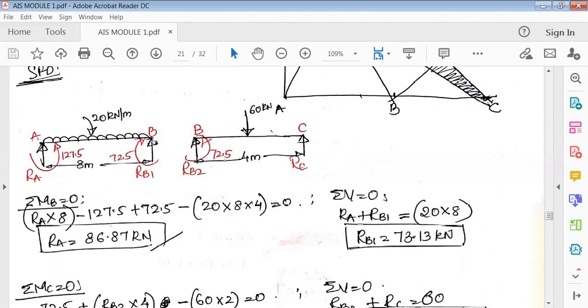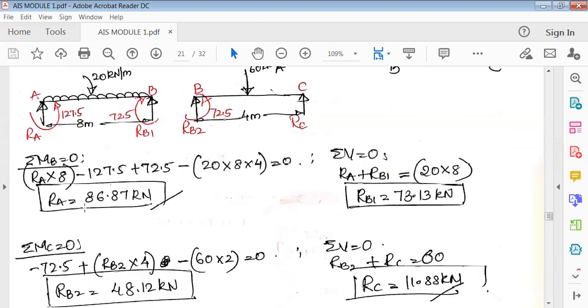So moment about B is equal to 0. We take moment about B, so you're left with RA. Clockwise positive, anti-clockwise negative. So RA into 8, then minus 127.5, then plus 72.5, minus, again this is going anti-clockwise, so minus 20 into 8 by 2, into 4, equal to 0.